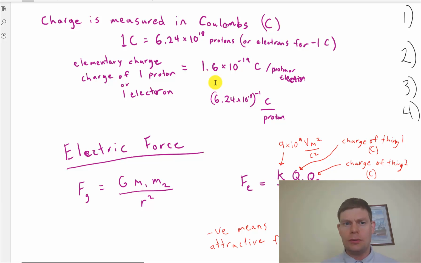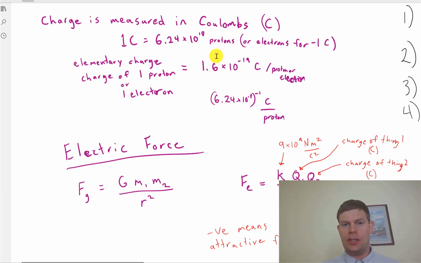You will probably end up at some point converting between protons and coulombs, or coulombs and protons, or electrons to coulombs, or coulombs to electrons. So know these guys. Keep in mind that this elementary charge number is in your data pages.